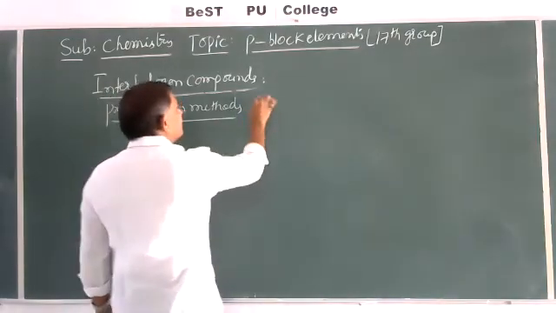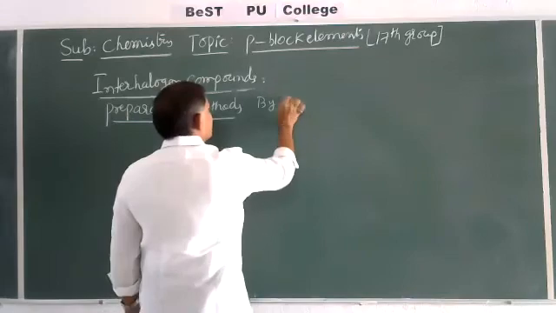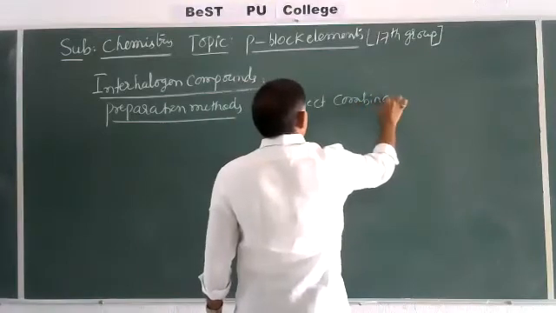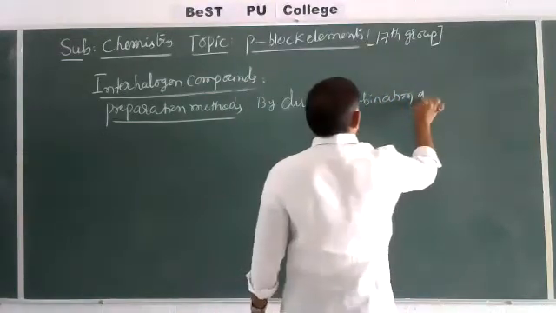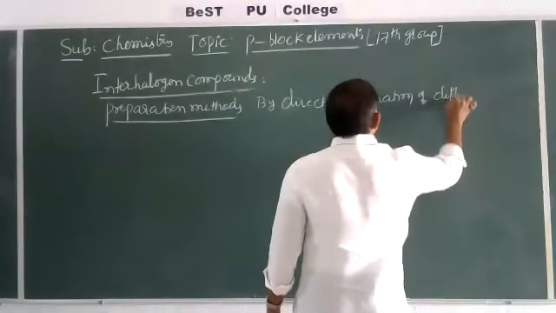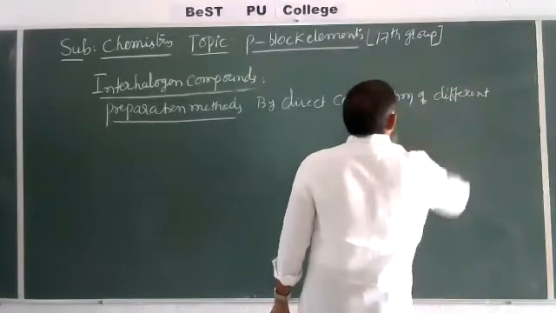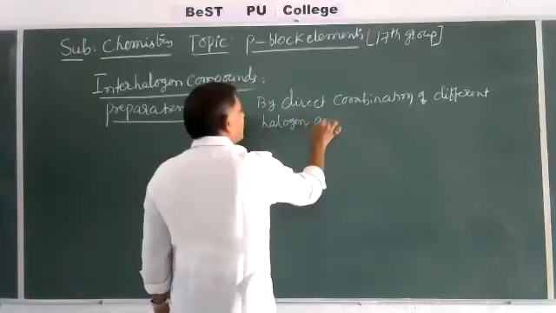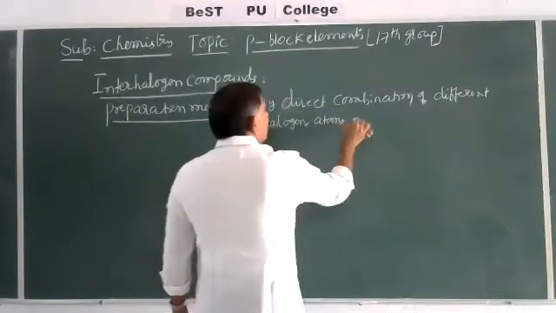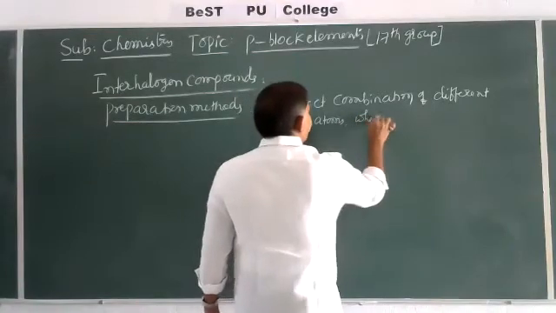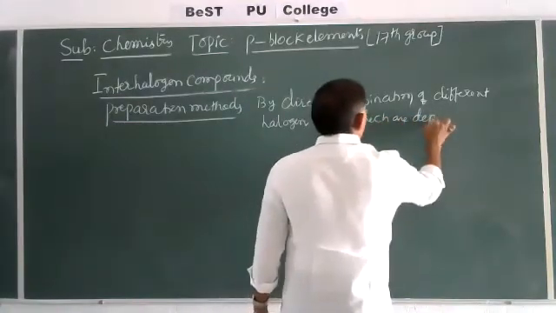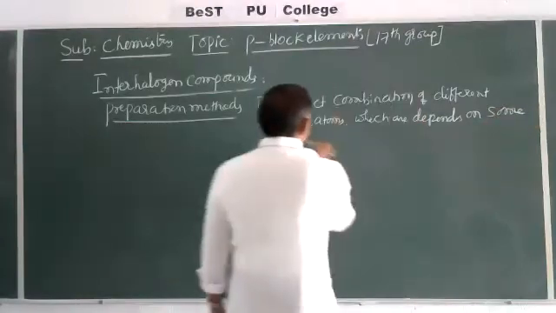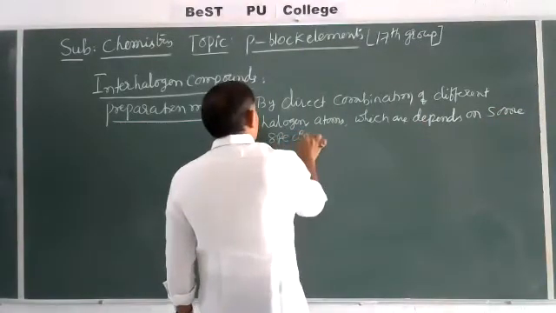Generally, these are formed by direct combination of different halogen atoms, and they depend on some special conditions.